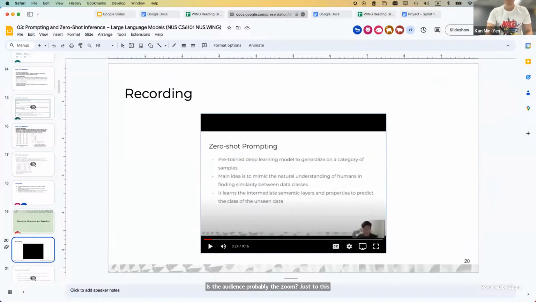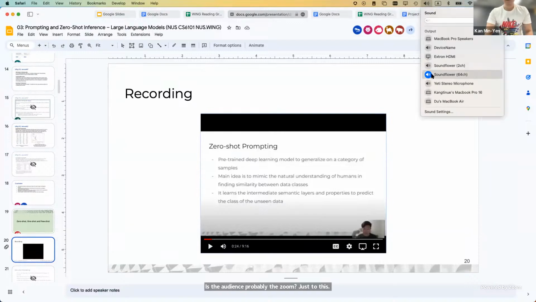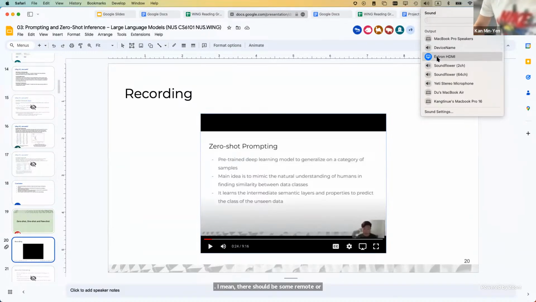We got the extra HDMI that works, but I don't know whether you can boost the volume from this. Let's try it from my tablet.